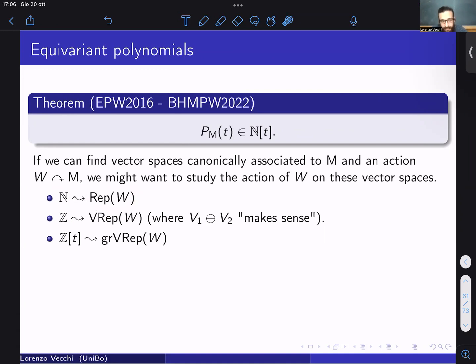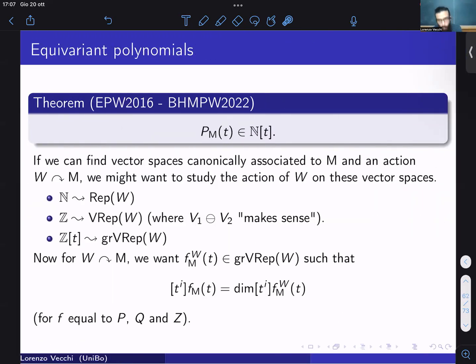By that, we mean that in this ring we make sense of a writing that looks like this. So not only can we take direct sums of representations, now we can take formal differences: a representation minus another representation. And then if I have a polynomial, I want to replace it with a graded virtual representation. So it's a polynomial in the variable t, and in every coefficient, I don't have a number now. I have a representation of my group that is acting on my matroid. So what is the goal now?